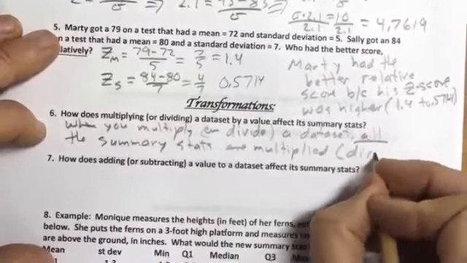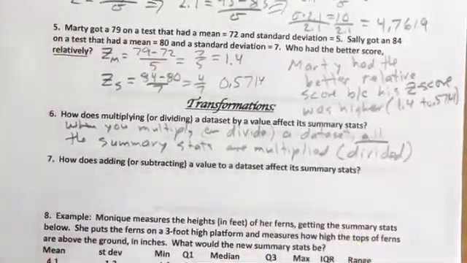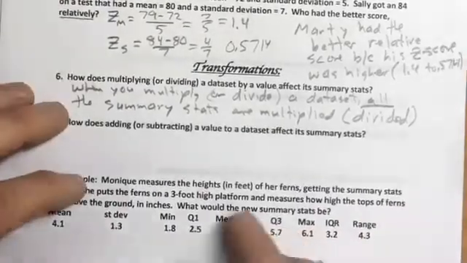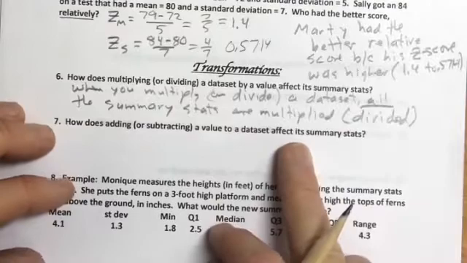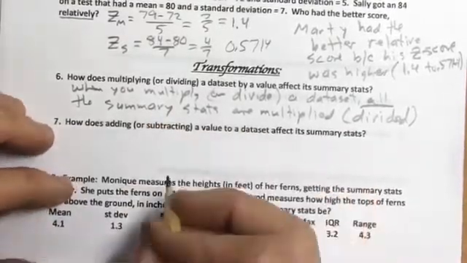In other words, if you multiplied a data set by 2, you would in effect be multiplying all of the summary stats by 2: the mean, the median, the mode, the standard deviation, the IQR, the range, and any percentile or other measure of placement. But when you add or subtract a value, the adding or subtracting does not affect measures of spread.